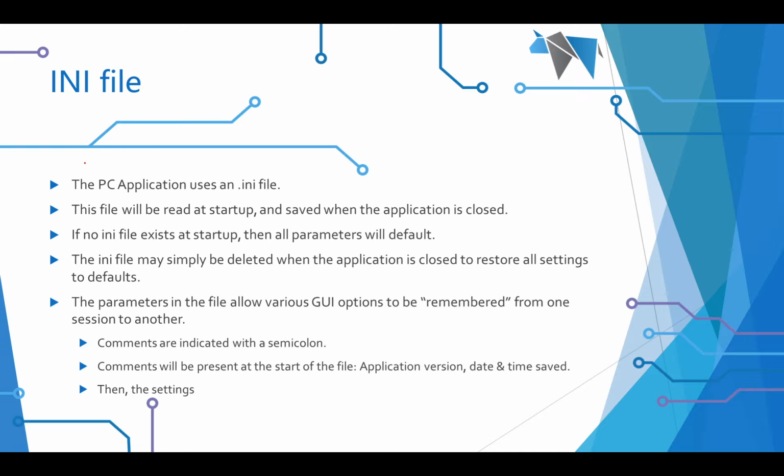You can delete that ini file, and sometimes in support calls we just say delete it, because people make changes and they mess it up, and it will just go back to its defaults. The parameters in that ini file allow you to remember some of the characteristics of the application, so you can configure it somewhat. You can put comments in there. They will be lost, but the comments are made with semicolons, and I will show you that as we go through.